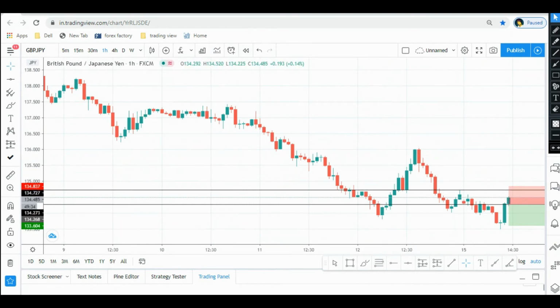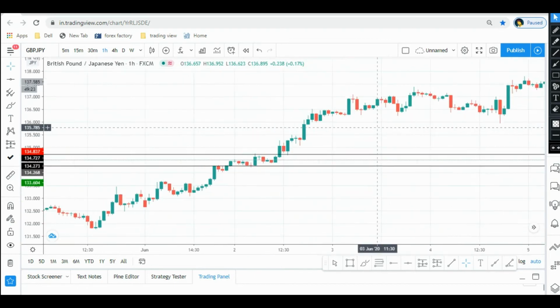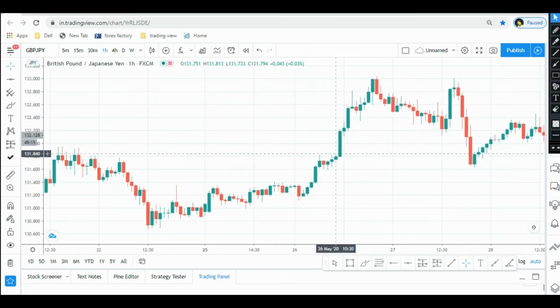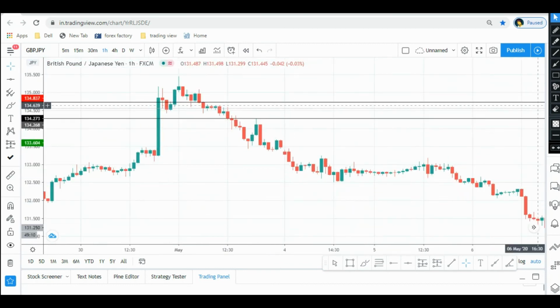So I have confirmed that this area is a resistance, and now I have to go backward to find out whether this particular area acted as a resistance or not. Here, as you can see, price acted as a resistance in this place. So this is a two-time confirmation. Now we will go back. Did you see this?